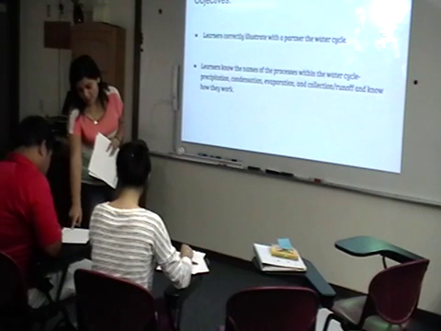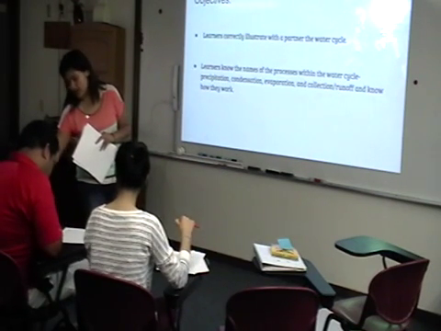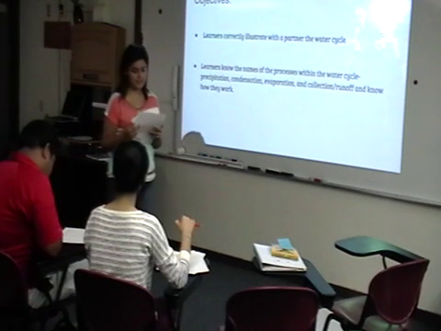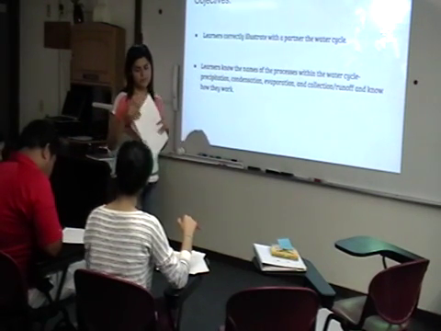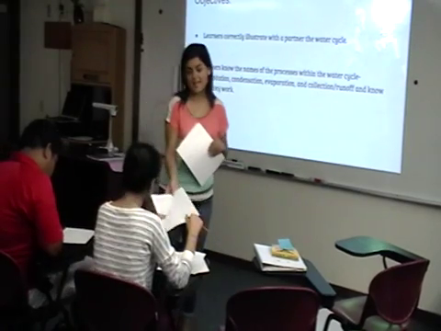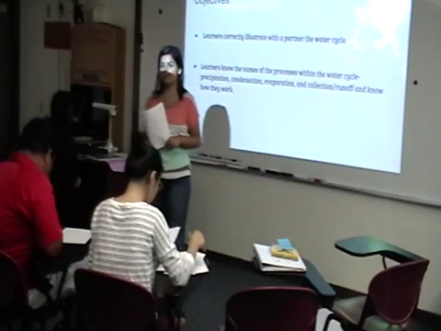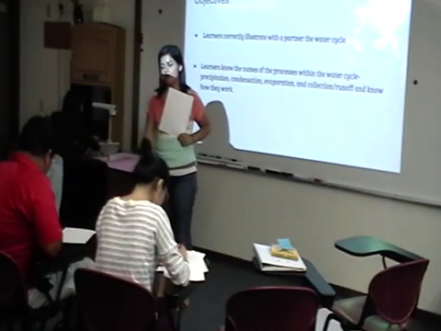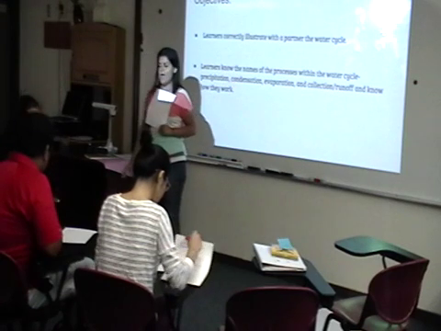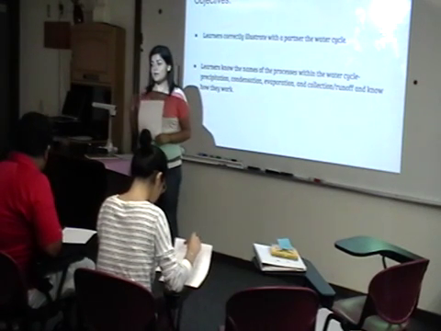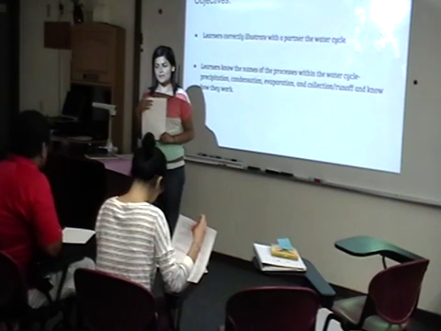You see I wrote precipitation and runoff/collection. For group 2, we're going to do evaporation and condensation. You will have 7 minutes to complete this graphic organizer with your partner, and I will give you a 1-minute warning. Do you guys have any questions before we proceed?